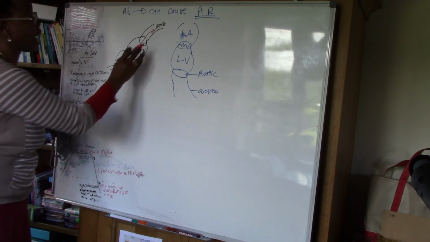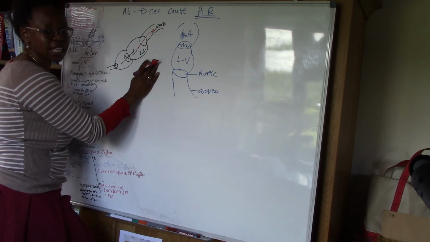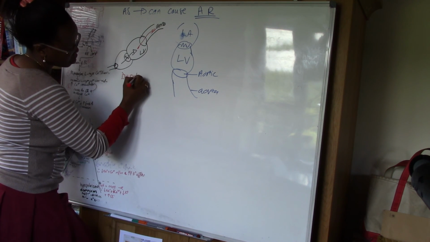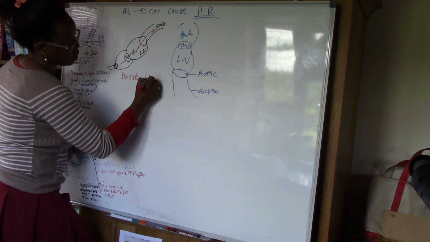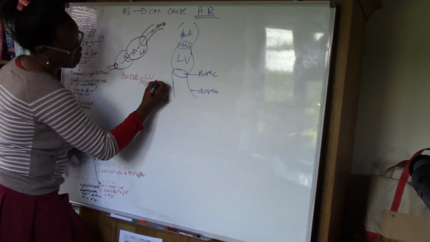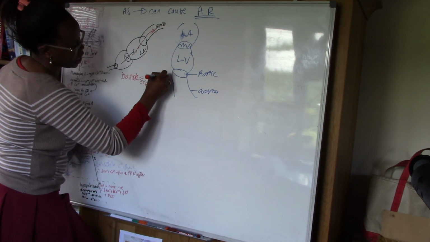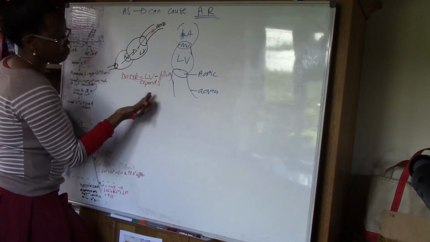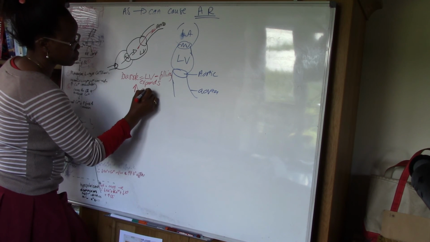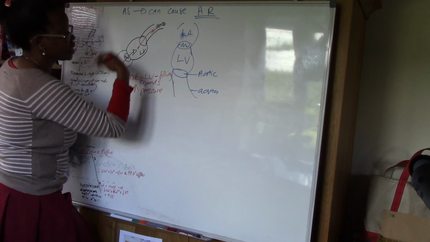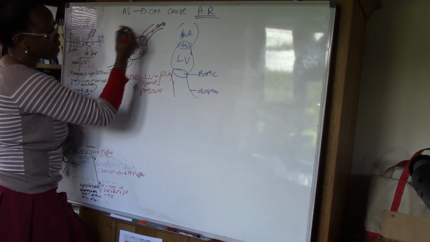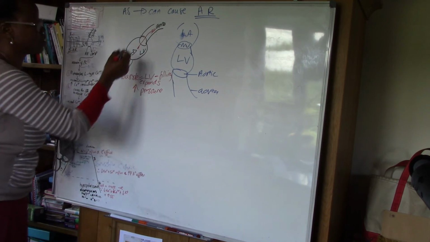If we remember, during diastole the left ventricle gets full, so the LV expands, equals filling. The left ventricle will expand and this pressure will increase, and that increasing pressure will be higher than the aortic pressure.